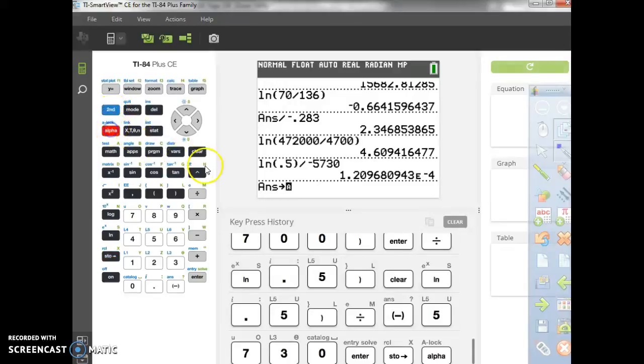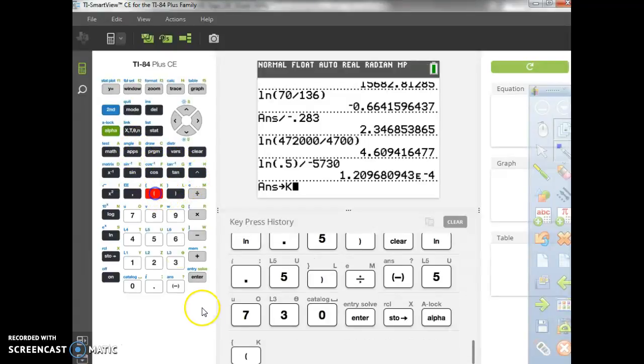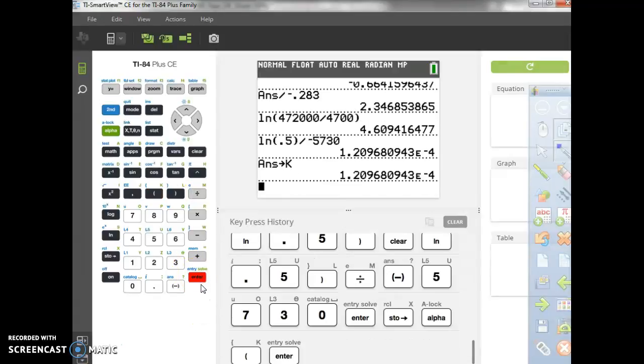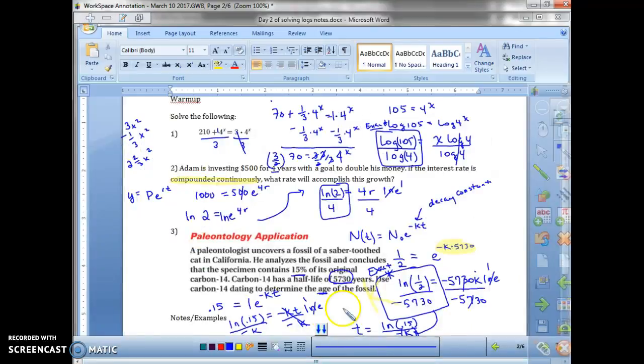So I'm going to turn on my alpha feature. My alpha basically turns on all the green options here. So store it as k, press enter. And then when I do the next part of the equation, which is just going to be ln of 0.15 divided by negative k.